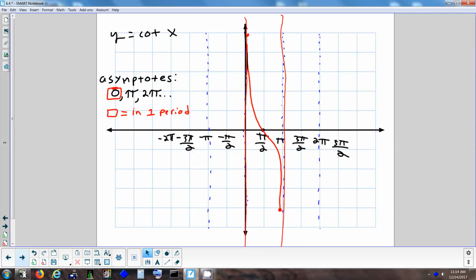So how wide is that from 0 to 180? What's the width? 180. Okay. That's different than sine and cosine. Sine and cosine, the width of one period is 360, or 2 pi. For tangent and cotangent, those two are kind of weird. The width is only 180.